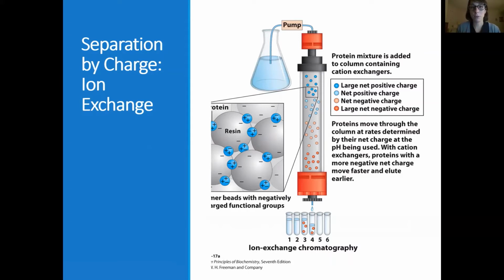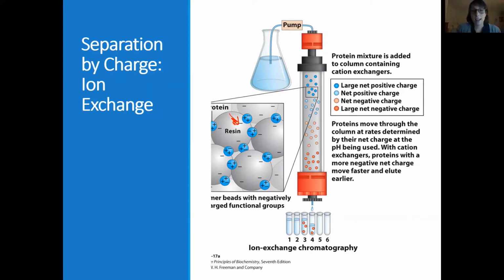One type of column chromatography is called ion exchange chromatography. This is a type of chromatography that separates the protein based on its charge. Here, we add the mixture to a column that contains cation exchangers. So this is going to be any type of resin. The column itself is packed with negatively charged ions.